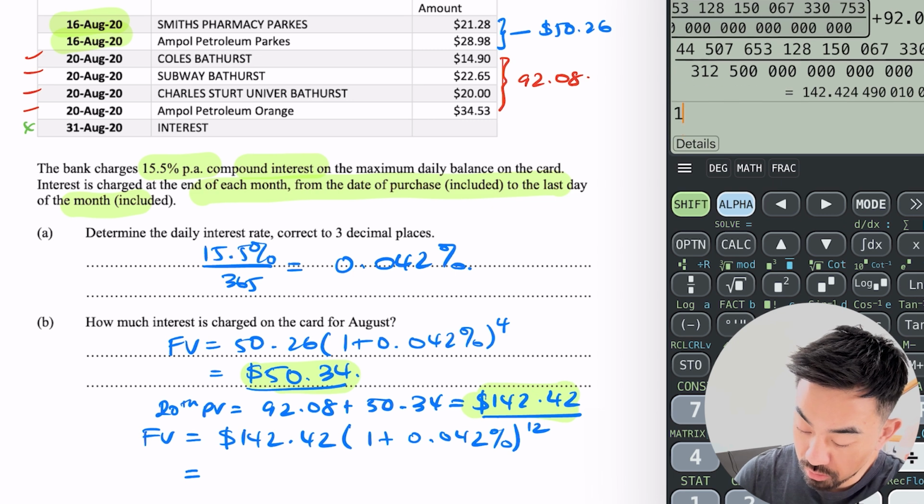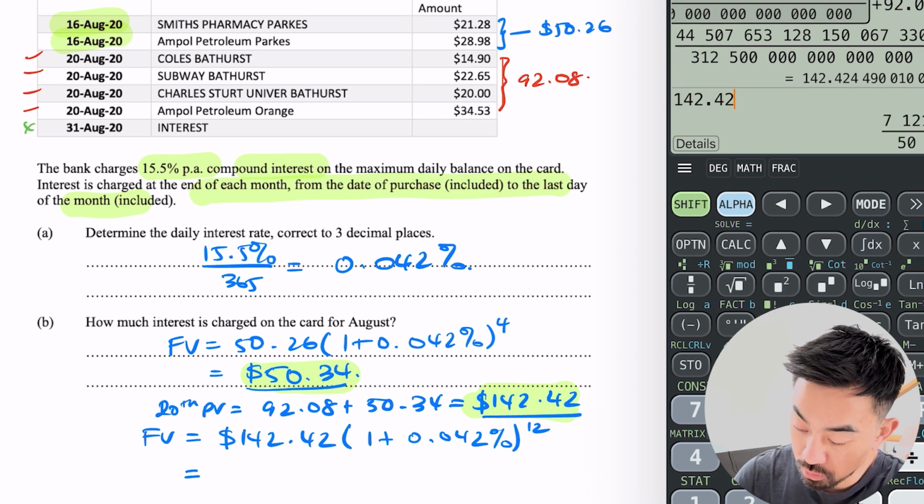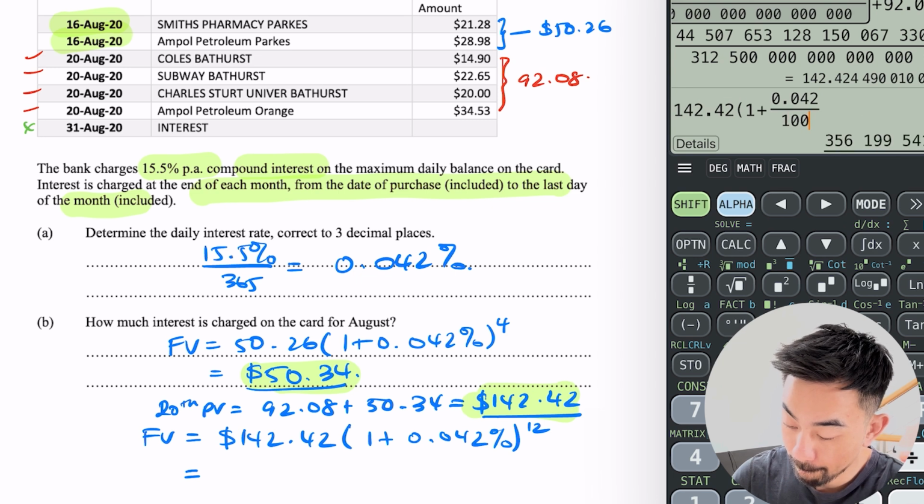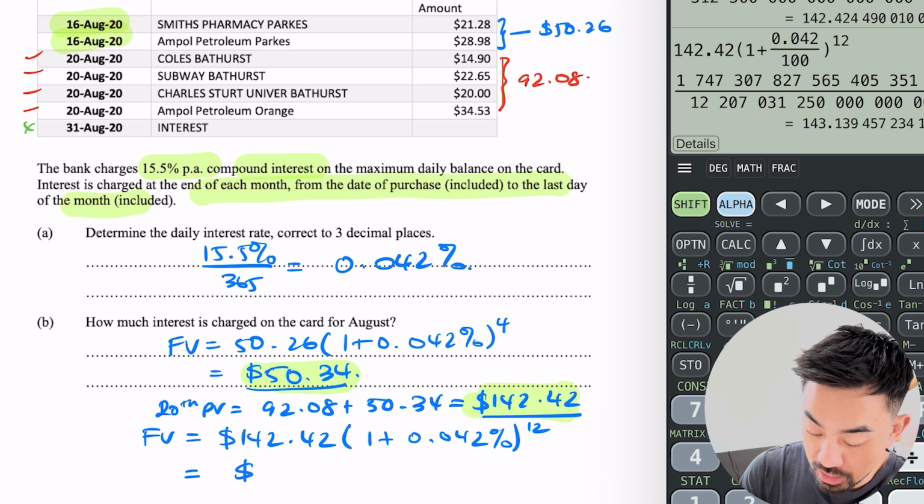So 142.42, 1 plus 0.042 as a percent. So that's going to give me $143.14.